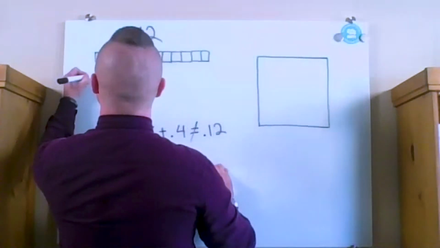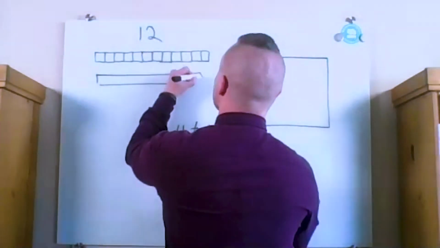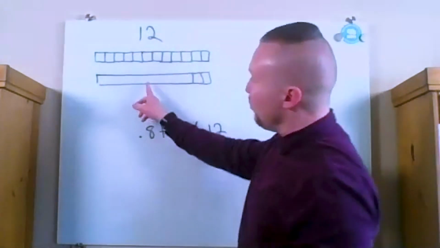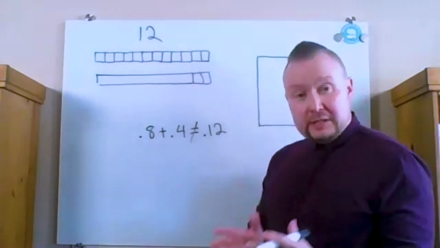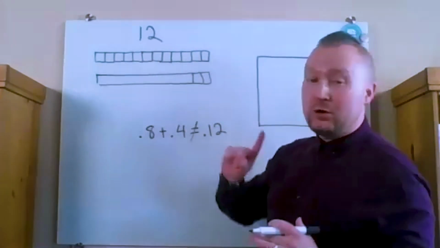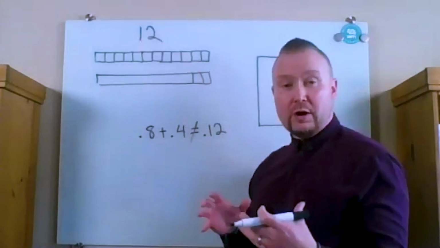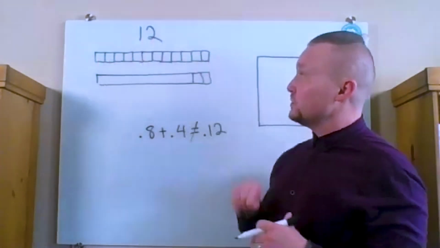So that would look like this. So I have the 1 unit of 10 and then the 2 units of 1. But it's really important when kids are first learning place value with whole numbers to also know that you can represent 12, or you can compose the quantity 12 with 12 units of 1.